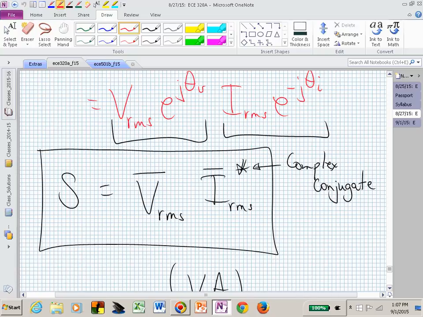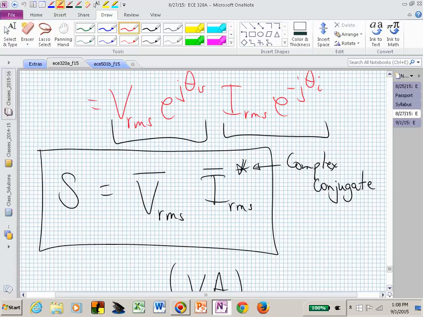So that's what you have to remember. It's VI star. Does that help? So complex power is VI star. Is that clear? So anytime you have the voltage and current of an element, you need to take the voltage phasor times the complex conjugate of the current phasor.